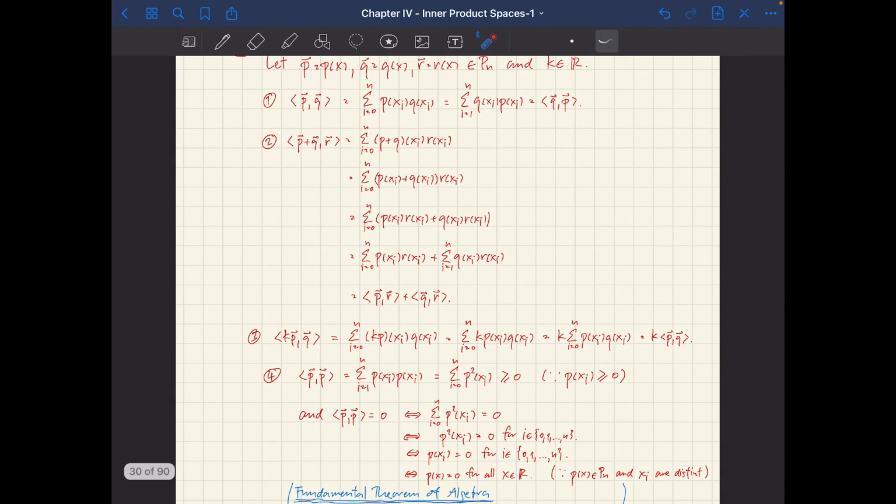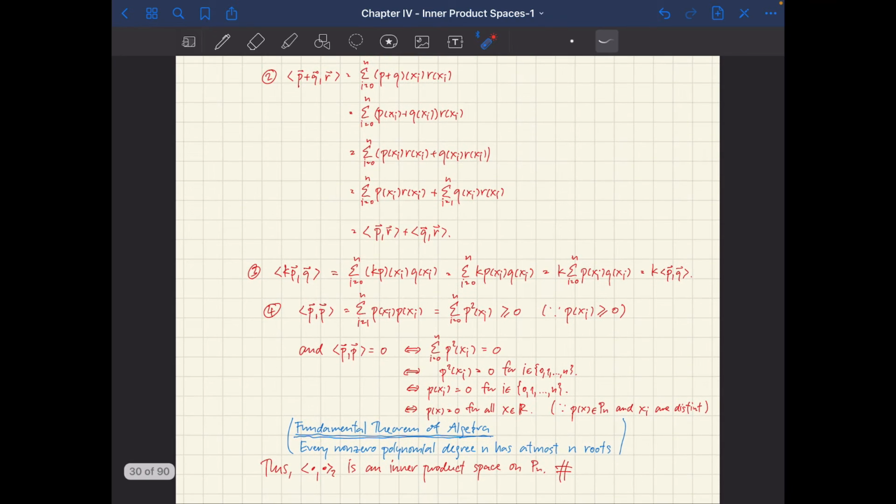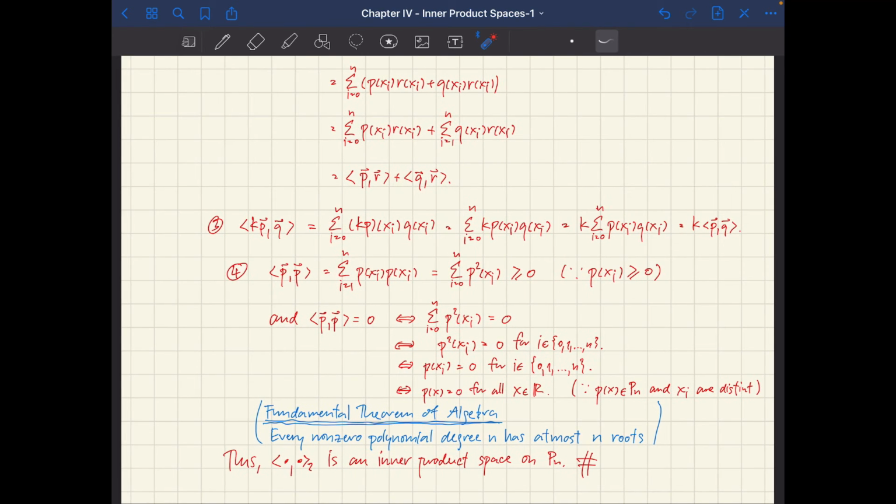Number 4 is really hard for this one. Why? The first part of number 4 is very easy because a sum of squares is greater than or equal to 0, right? So it's not hard. But for the second part, this one is hard.